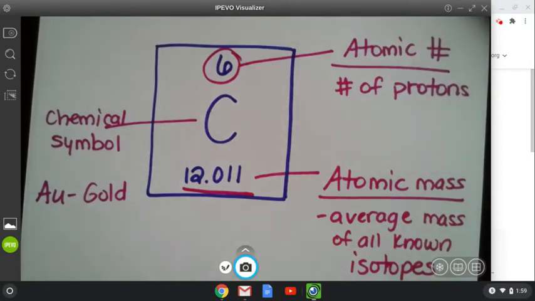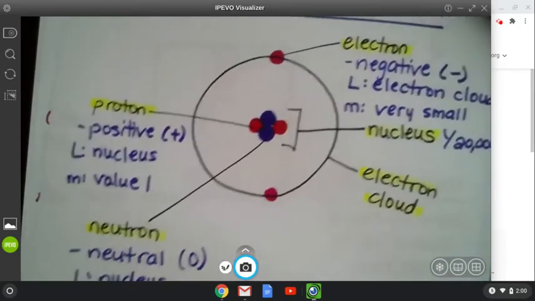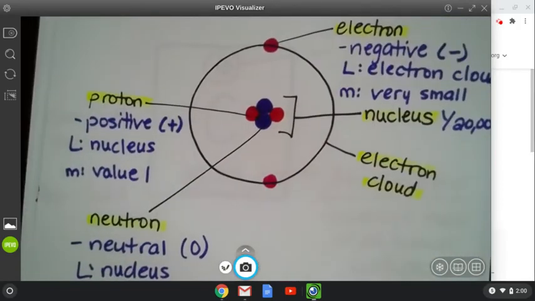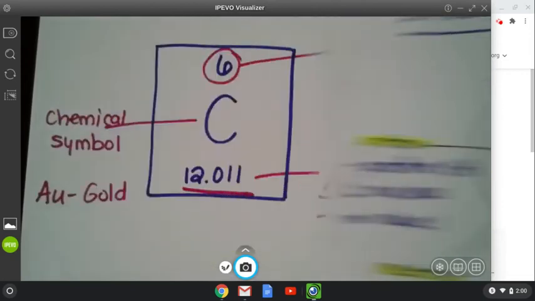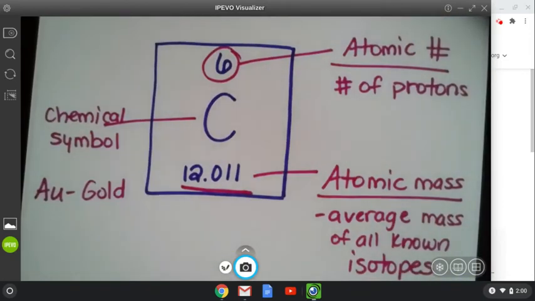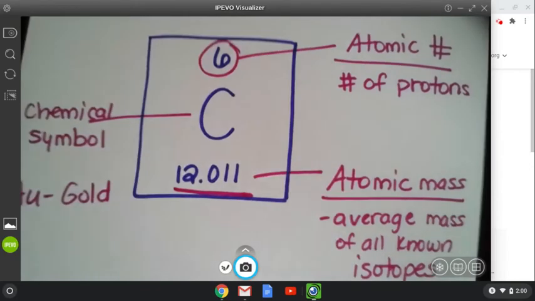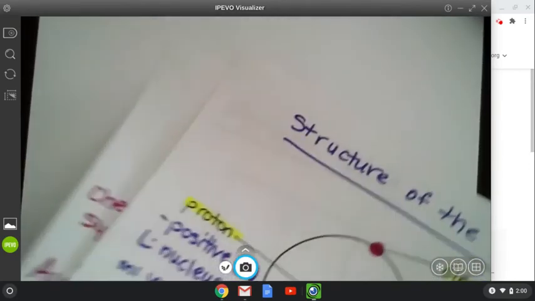All right, I'm going to go back to this really quick. I want to add something: electrons, protons, and neutrons. So I've mentioned the atomic number. The atomic number is the number of protons.